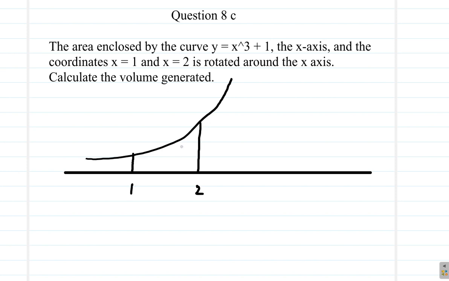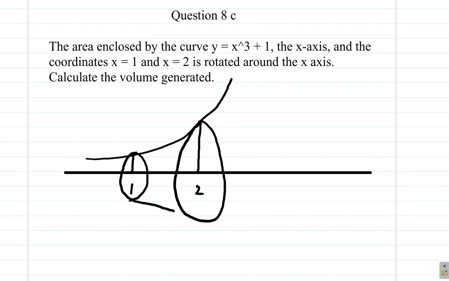Now, you're supposed to calculate the volume generated when you spin this around the x-axis. So when you spin it all the way around, you rotate this part and you rotate this part.